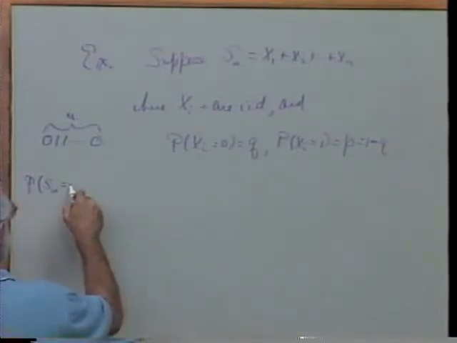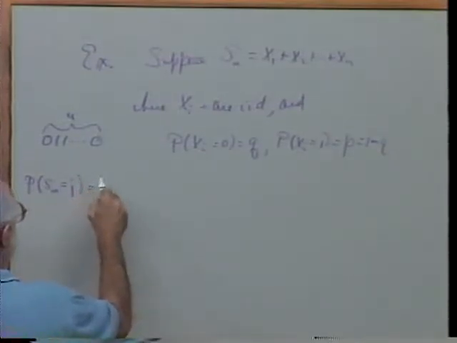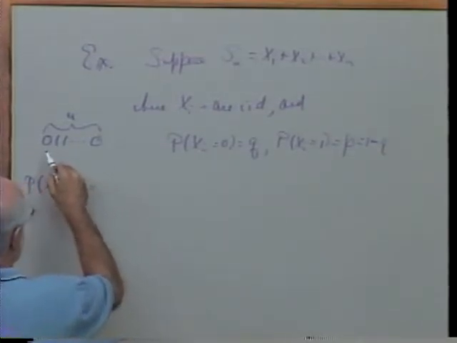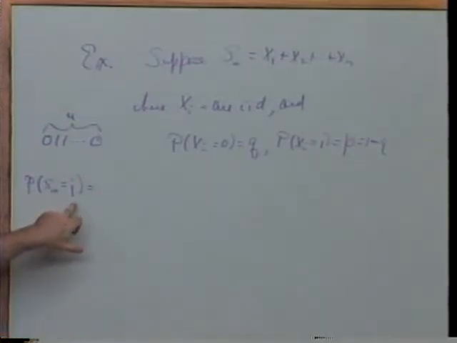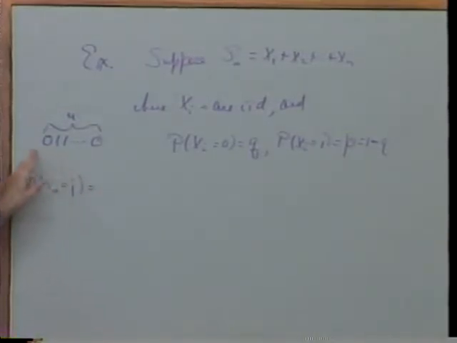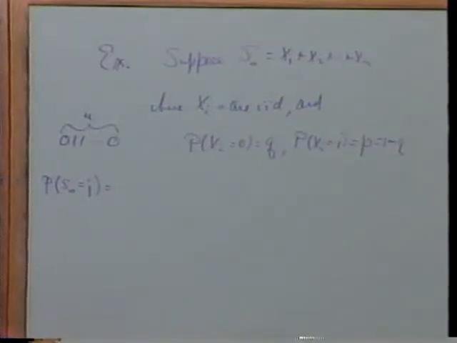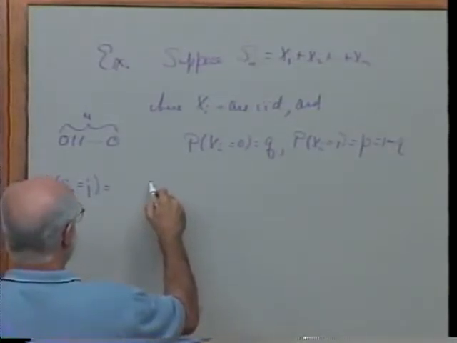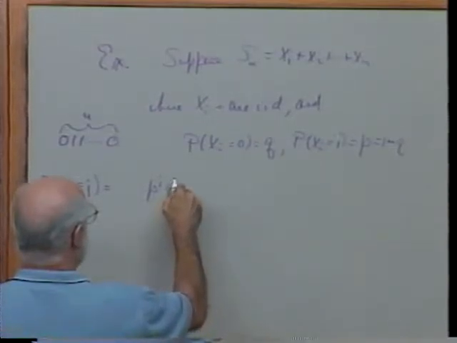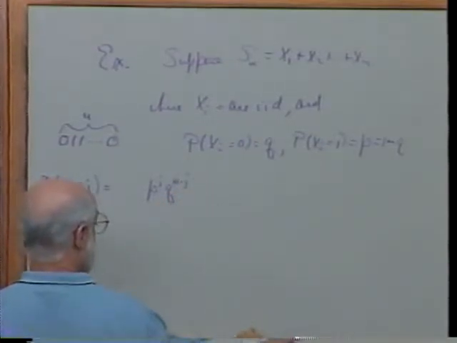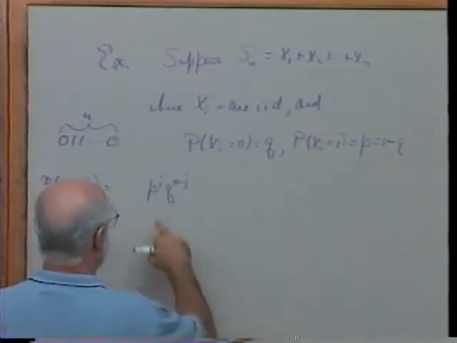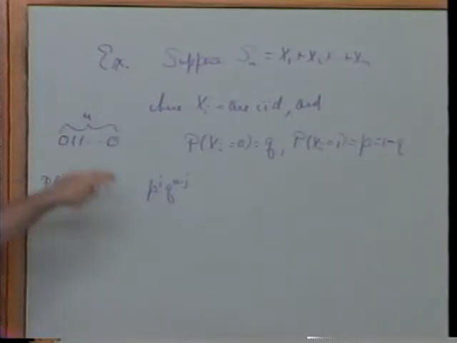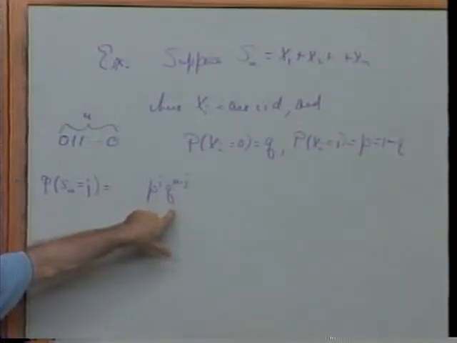What's the probability that Sn is equal to j? Well, if I looked at that string, if I have exactly j 1s, then for any particular string with exactly j ones in it, the probability of that is p to the j times q to the n minus j. That's the probability for any particular string with exactly j ones and n minus j zeros.